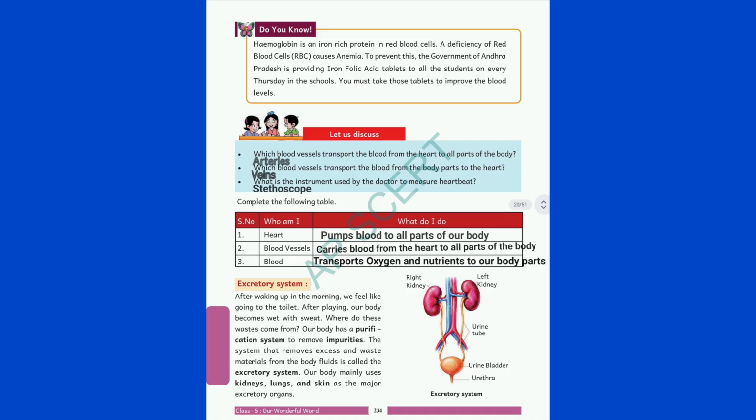The system that removes excess and waste materials from the body fluids is called the excretory system. Our body mainly uses kidneys, lungs, and skin as the major excretory organs. Parts of excretory system: right kidney, left kidney, urine tube, urine bladder, urethra.